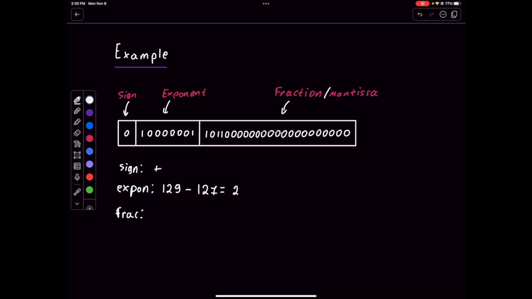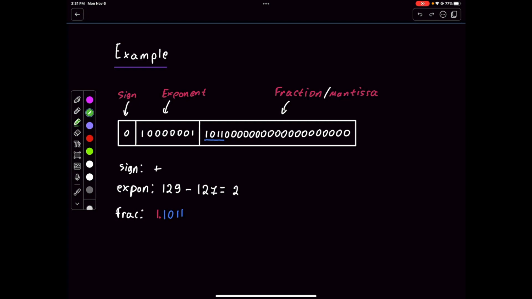All right, so we should know that when the number is normalized, there is an implicit 1 in front of the fraction. So it's going to be 1 followed by these numbers. So it's 1.1011. I'm going to explain why that is, but just trust me that we need this 1 in here. This is an implicit 1 because this is a normalized number.